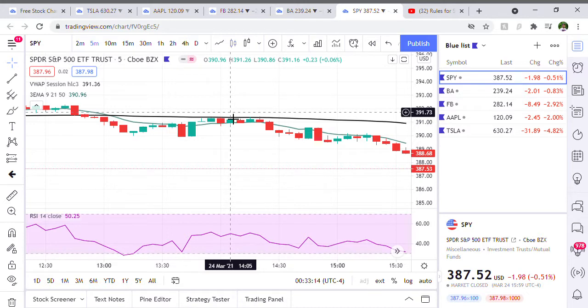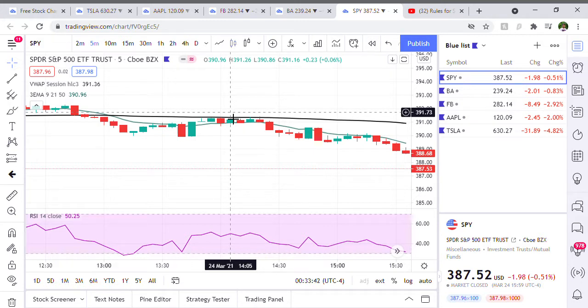Even though it gave a closing on the candle above the VWAP, I'm still in bearish mode, but if it forms a totally new, complete 5-minute candle above the VWAP, I will drop my plan for a bearish trade.